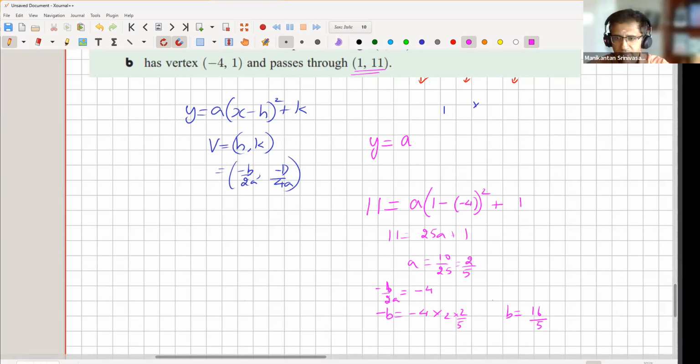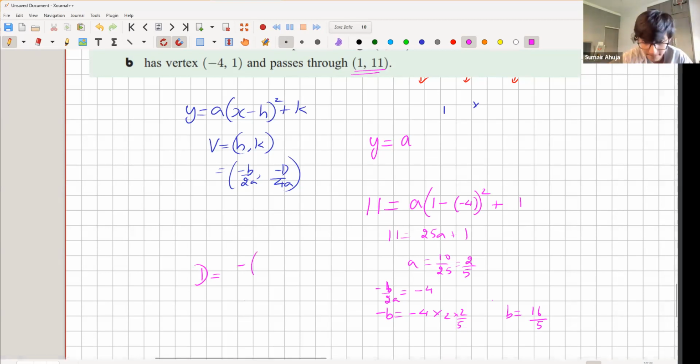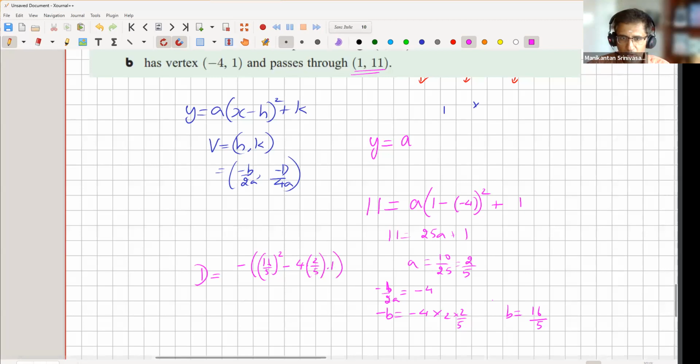And then you can put it in the minus d by 4a because now you know everything other than c. What is the formula for that? Minus (b square minus 4ac) upon 4a. So 16 by 5 whole square minus 4 into 2 by 5 into c, whole upon 4 times 2 by 5, correct?